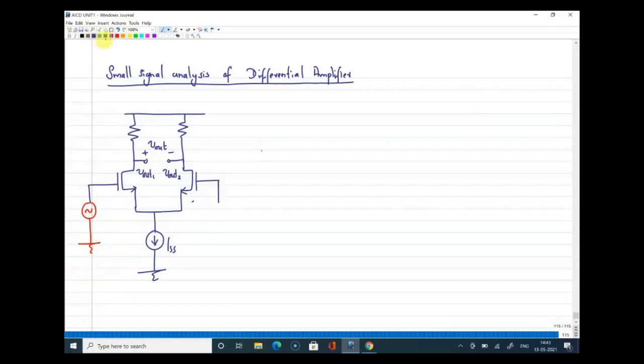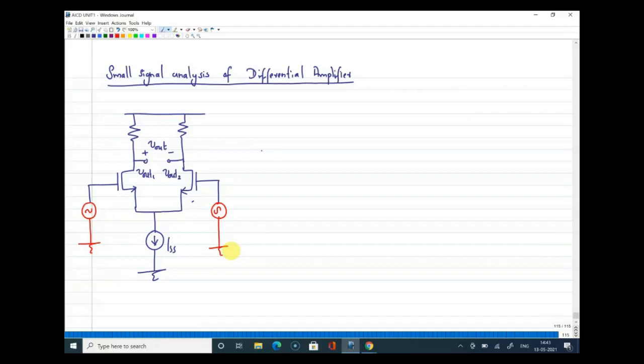From the previous discussion, you know that when you apply signal differentially, I'm just marking it like this to show that you are applying a differential signal.